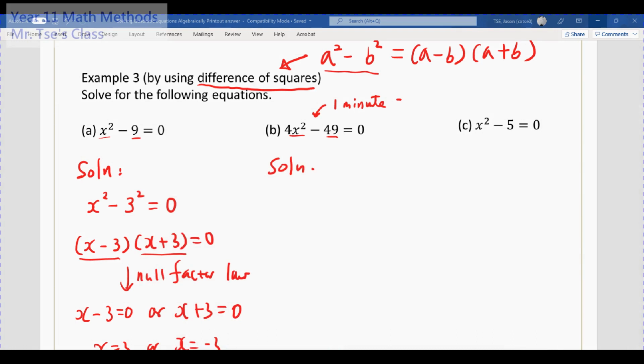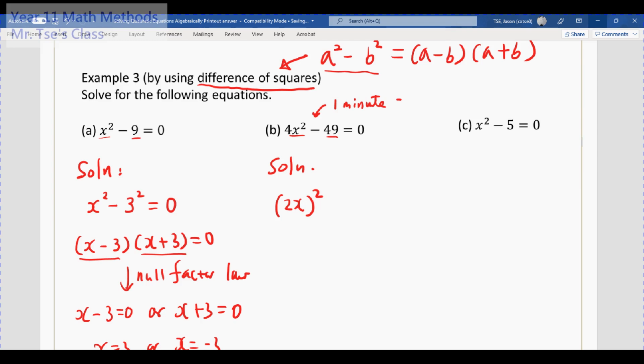I hope you've got your own version, you've tried. The way to get the square out of 4x squared is like, 4 is 2 squared, right? So the whole 4x squared can be rewritten as bracket 2x squared. The bracket is really important.